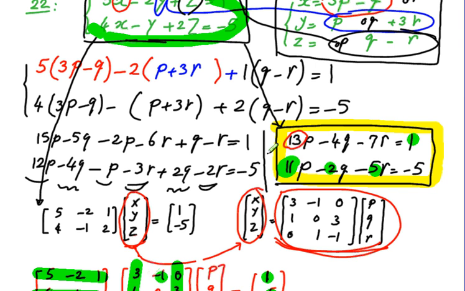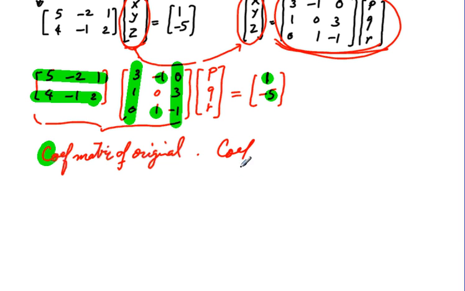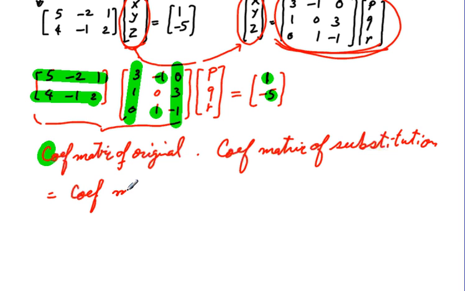This is the coefficient matrix of the substitution. So really, coefficient matrix of original times coefficient matrix of substitution is equal to the coefficient matrix of a new linear system.